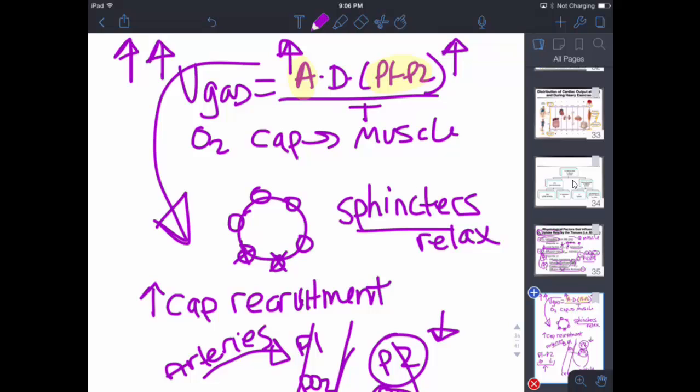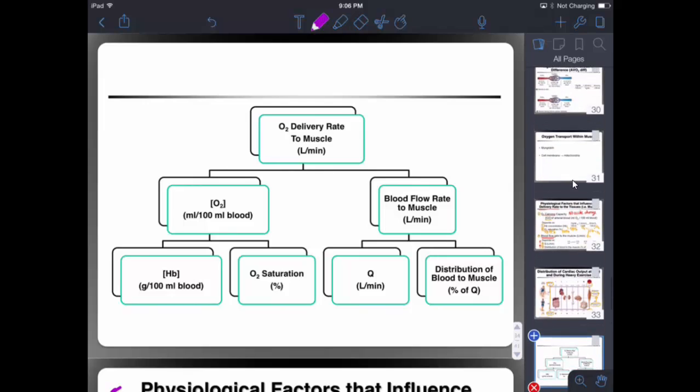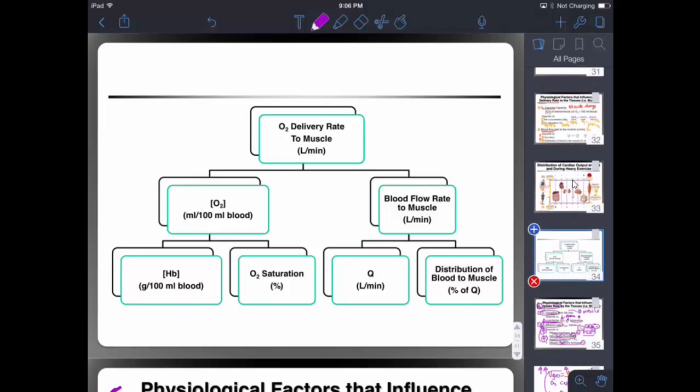Okay, so let's summarize here what happens during exercise. So we see a greater oxygen delivery rate because we get a greater blood flow. Okay, during exercise, the oxygen concentration in the blood doesn't change because we don't gain any hemoglobin on an acute basis, and saturation is also already pretty optimal at 98–99%, even during heavy exercise.